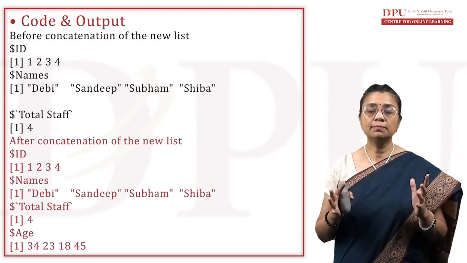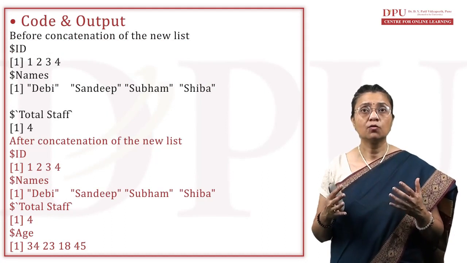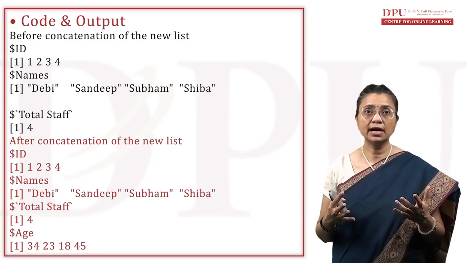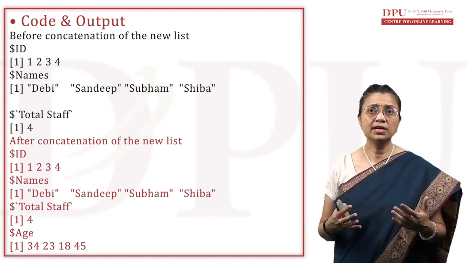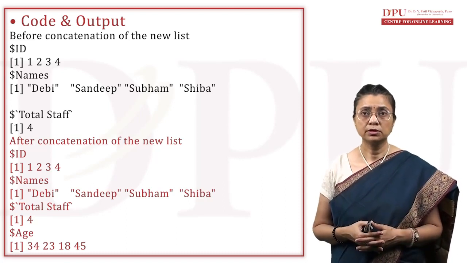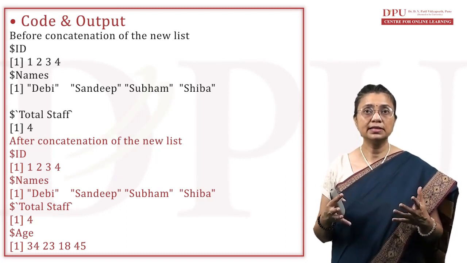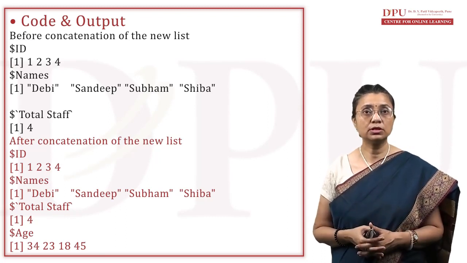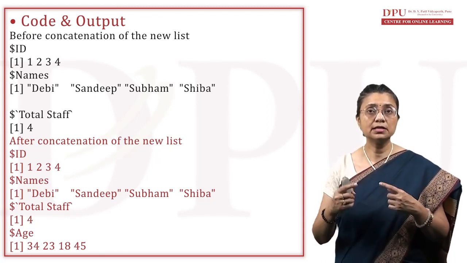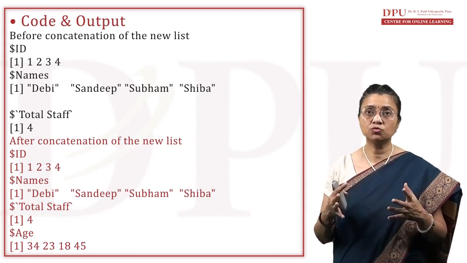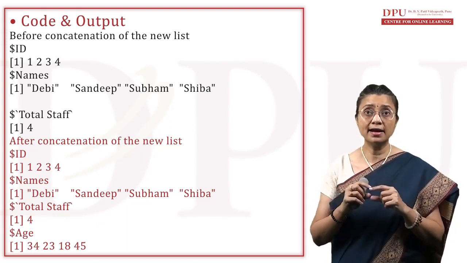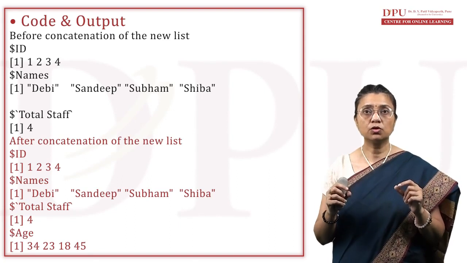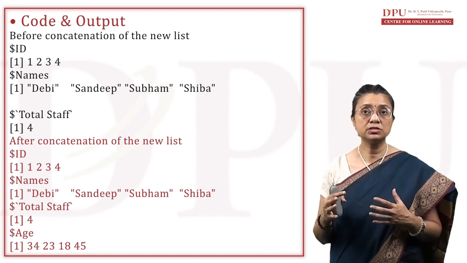So in the black color, we are just printing whatever data we had before concatenation. Here you can see we have printed ID, we have printed names, and we have also printed total staff, which is 4. So you can see the number of employees is 4, which is printed, and I've highlighted that for you just to see how the output is changing.